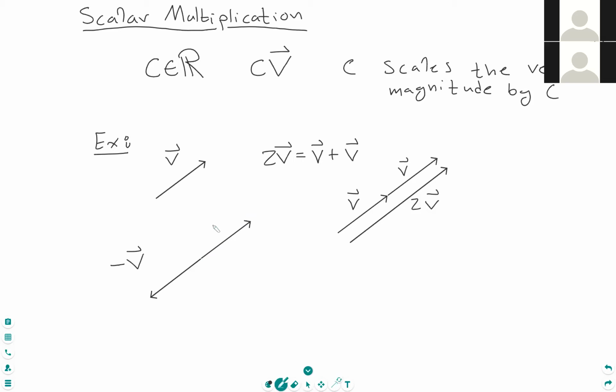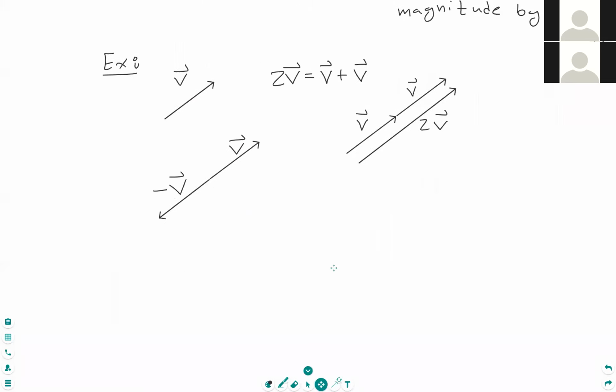So let's say this is v, and this is our negative v. Okay, so by this, we can actually talk about subtraction.